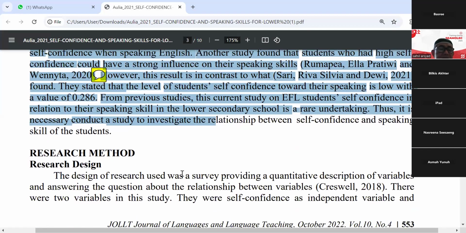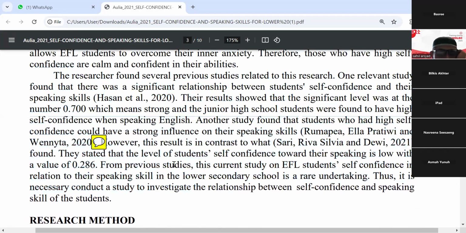In writing, what is the research gap? This result is in contrast to what? So it is contradictory. They stated that the level of student self-confidence, from previous studies, this current study only offers student self-confidence in relation to the speaking skill in the lower secondary school is a rare undertaking. So these are not cohesive sentences.